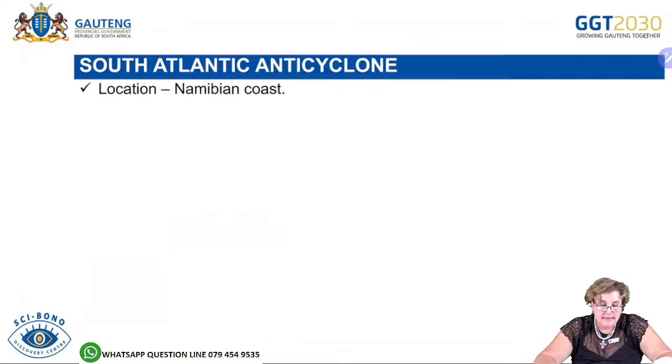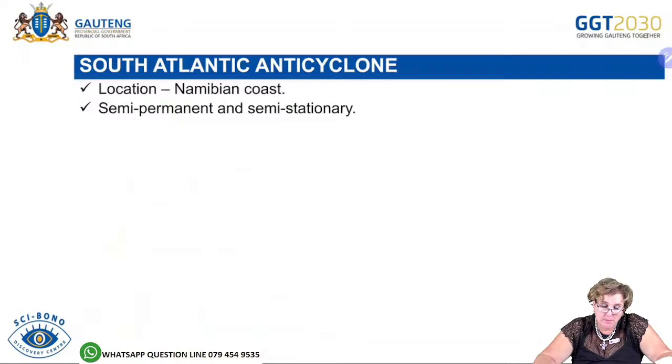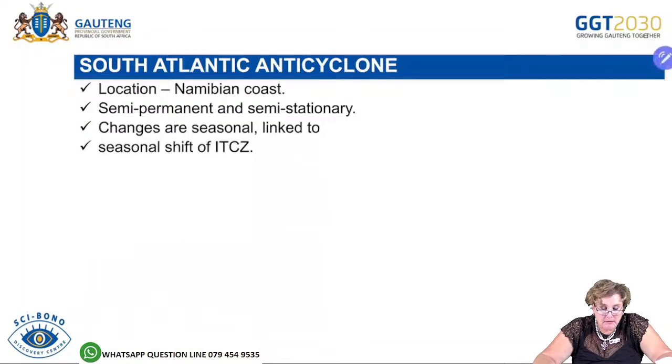Now we go to the South Atlantic anticyclone, which is located at the Namibian coast. It's a semi-permanent and semi-stationary high-pressure cell. It just moves a bit north or south depending on the season. The changes are seasonal and linked to the seasonal shift of the ITCZ.